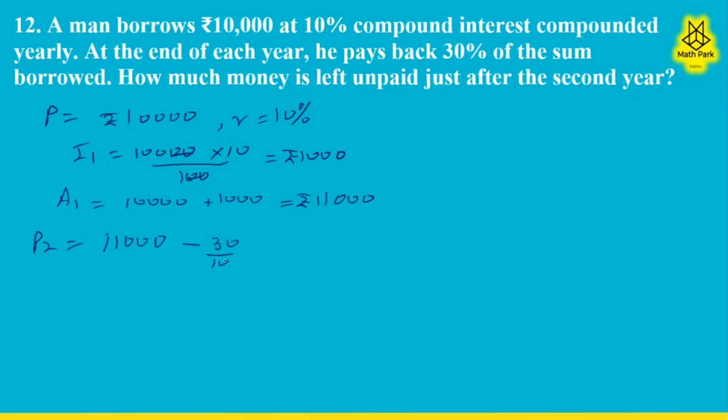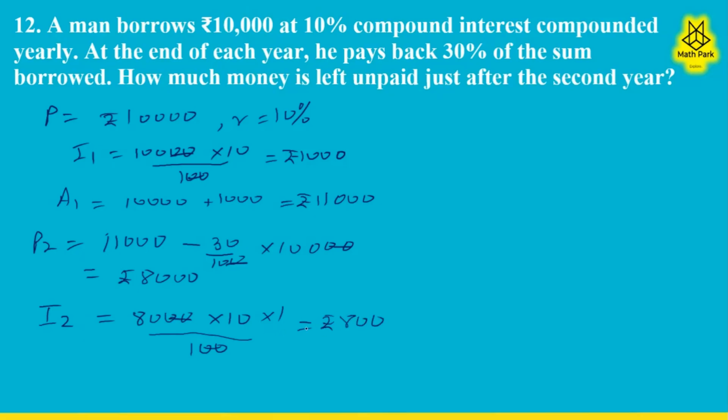So 30 by 100 times 10,000, which is 11,000 minus 3,000 is rupees 8,000. So this becomes the principal for the second year. Now let us find the interest for the second year, where the principal is now 8,000 into the rate of interest is 10% for 1 year upon 100. So which we get as rupees 800.